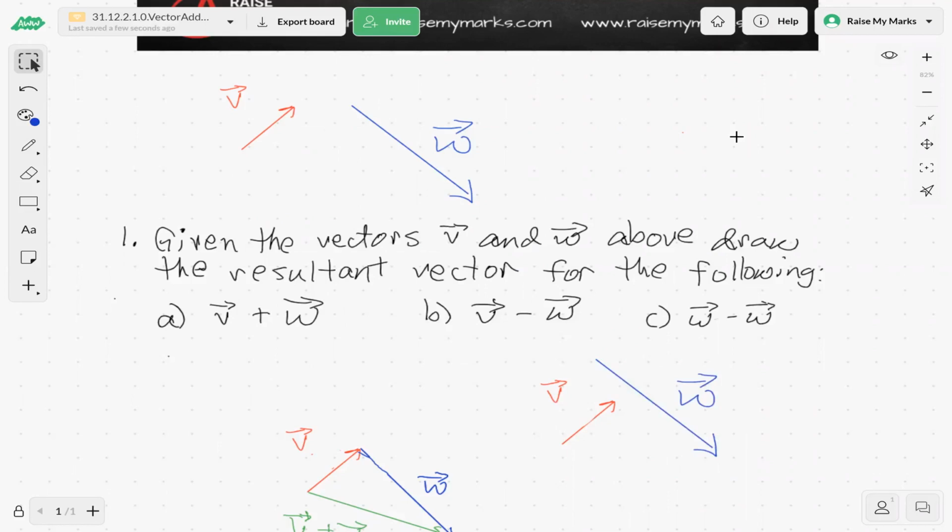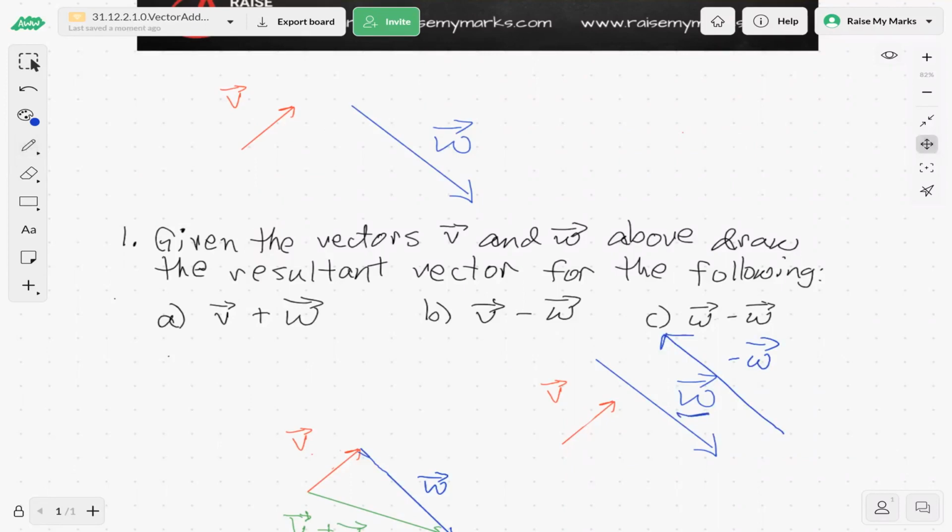When we have a negative of a vector, it flips it around and we have it going in the opposite direction. So it's parallel to w. The negative of the vector w is parallel to our original vector w, but now it's pointing in the opposite direction.